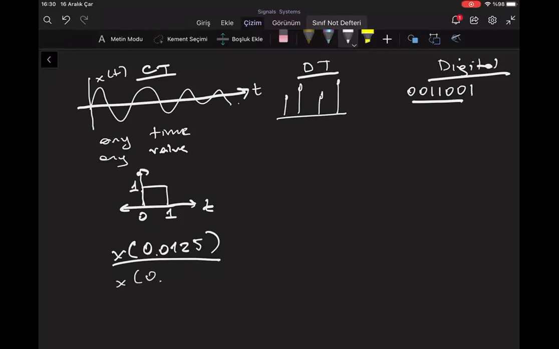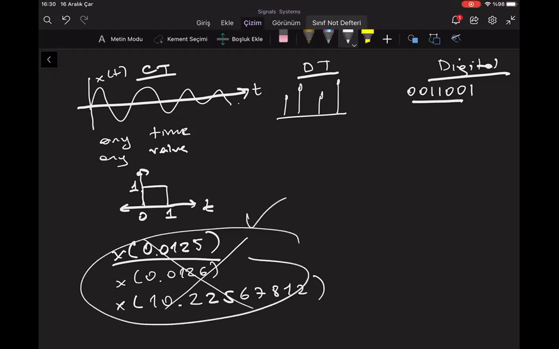So do I have this value? Yes. Do I have this value? Yes. I don't have any restrictions, right? So it is okay to have any time. So I have value here, here, here, here, anytime, any value.